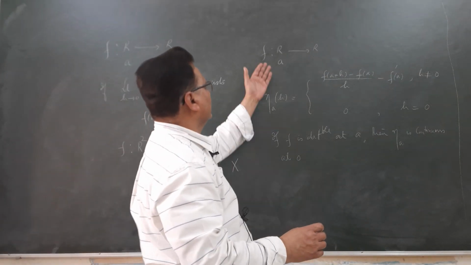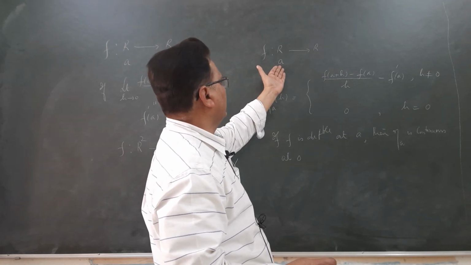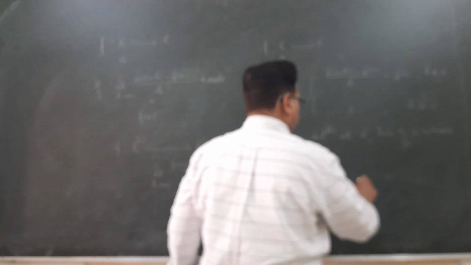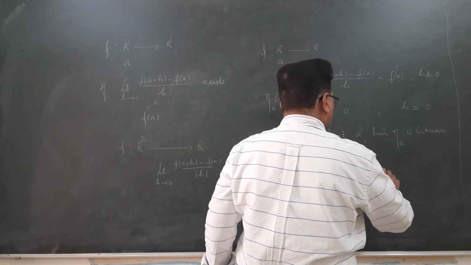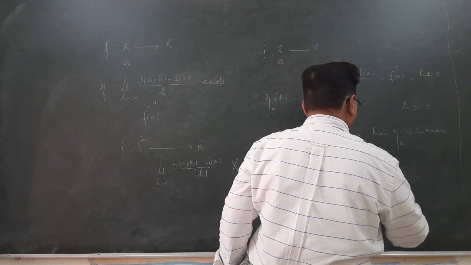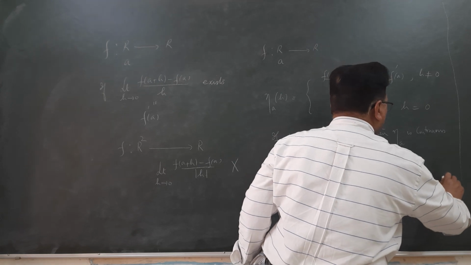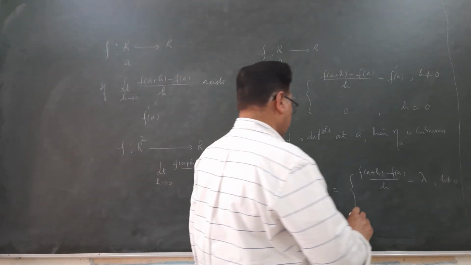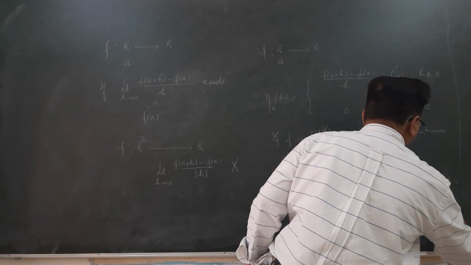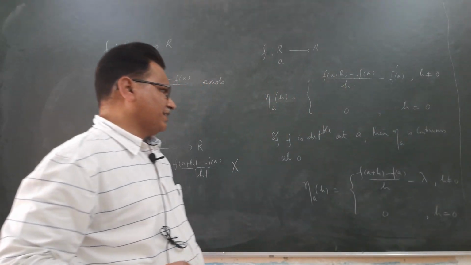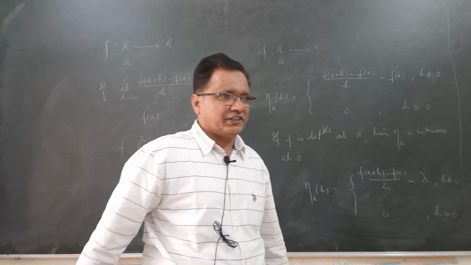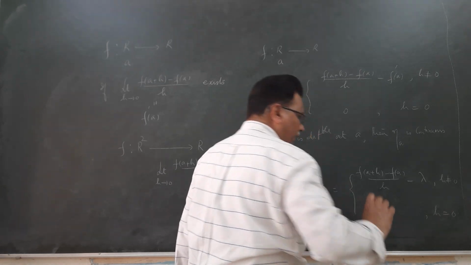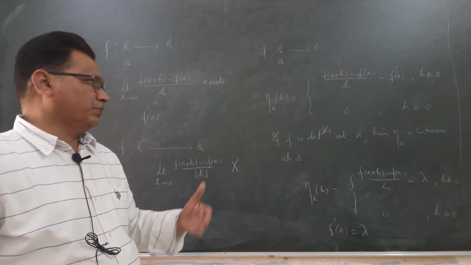If you define for a given function f and a real number a, a function eta A given by f of a plus h minus f of a upon h minus some scalar lambda when h is not equal to 0, and 0 when h equal to 0, suppose I have a scalar lambda such that the function eta A is continuous at h equal to 0, then you can see that this function f will have a derivative at the point A, and in this case f dash a is precisely lambda. So my statement is true from both sides.